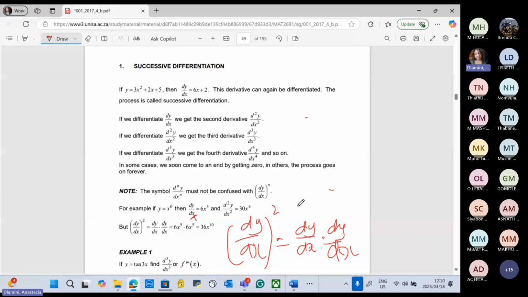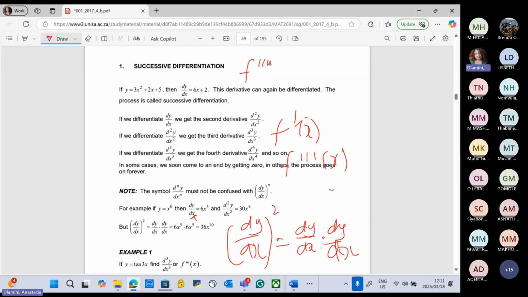Now, there's a different notation as well, where you use prime. Did you learn prime in grade 12? Yes, prime. f prime means the first derivative. f prime prime means the second derivative. For higher derivatives, like the seventh, normally they'll write a number or a Roman numeral.